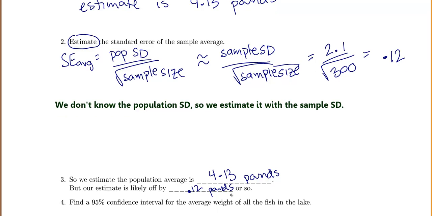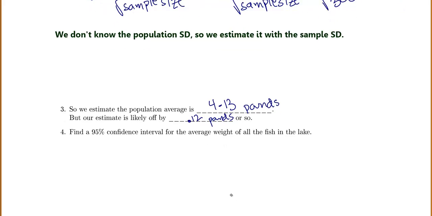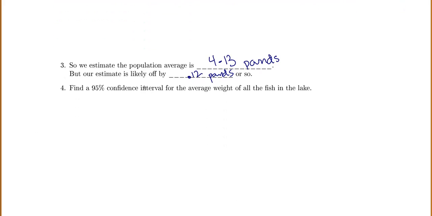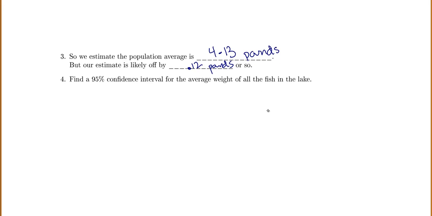But let's make ourselves even more confident. Instead of going out just one standard error, let's go out to 2 standard errors with a 95% confidence interval. So let's find a 95% confidence interval for the average weight of all the fish in the lake. So every confidence interval takes the form of your estimate plus or minus some critical point times the standard error. Now, because we're talking about averages, to find our estimate, we used our sample average.